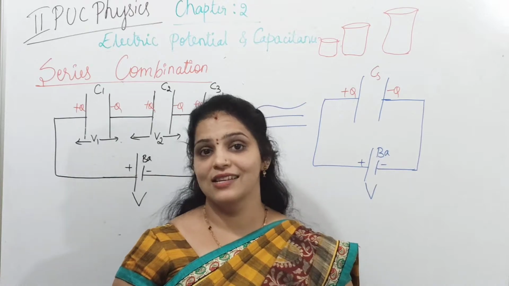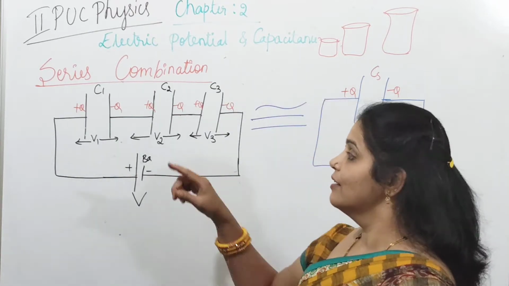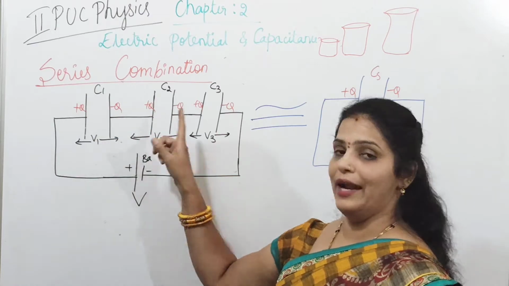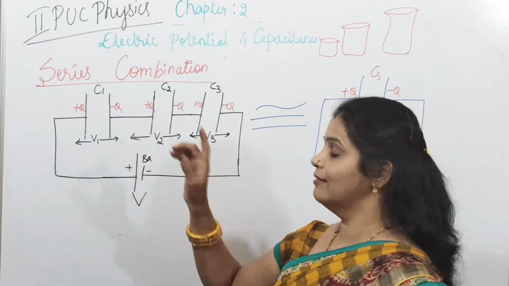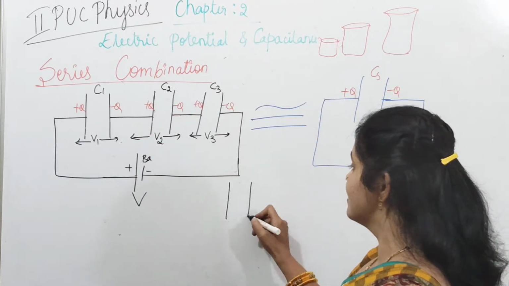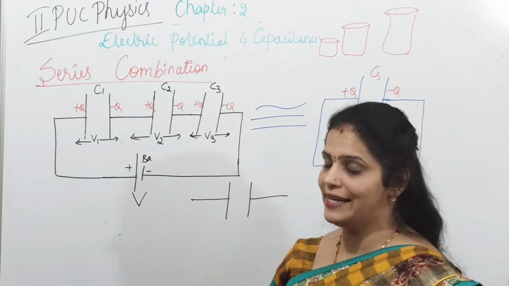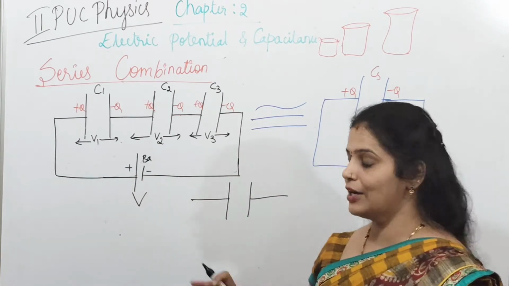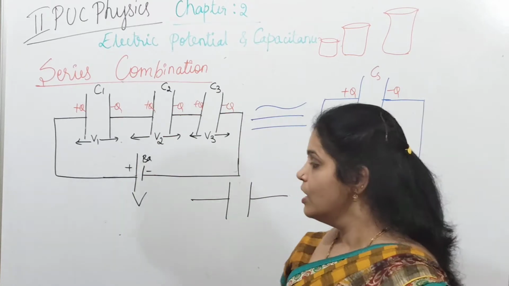So what is this series combination? Series combination means they are connected end to end. Capacitors connected end to end are called as in series. We know that a capacitor, this is the circuit symbol of a capacitor, has two leads for further connection, two metallic wires.